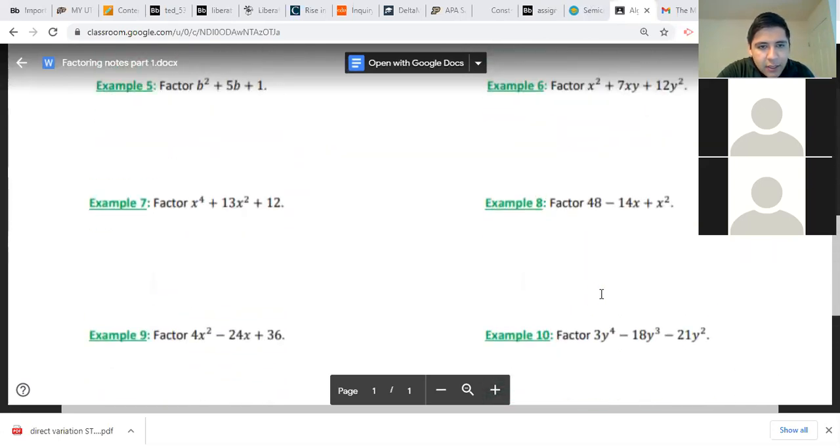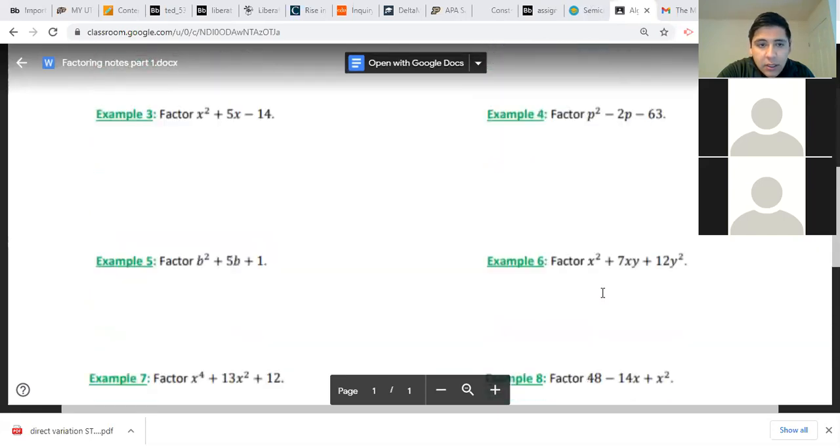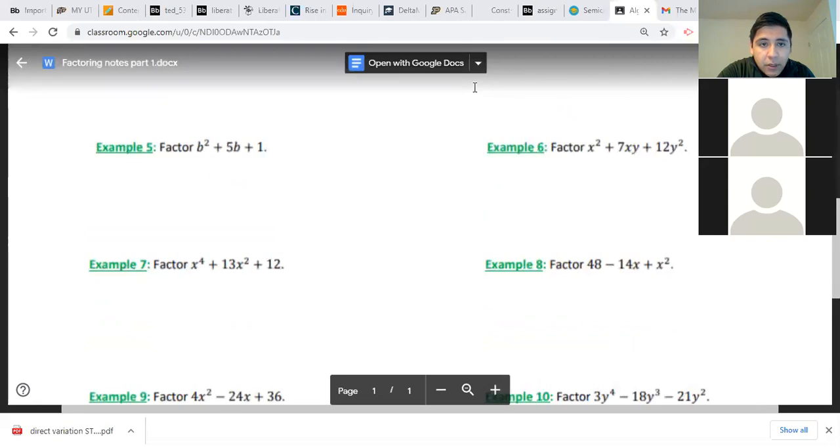Let's see a couple other examples. What about something like example 5 now? Now that one's a little unique, right? Because we have that 1.